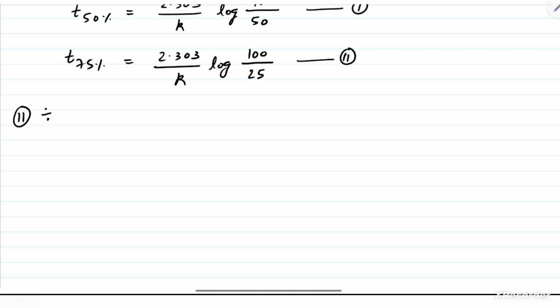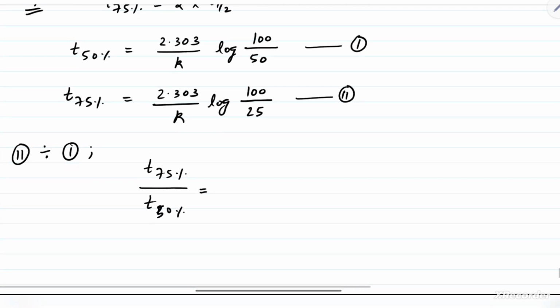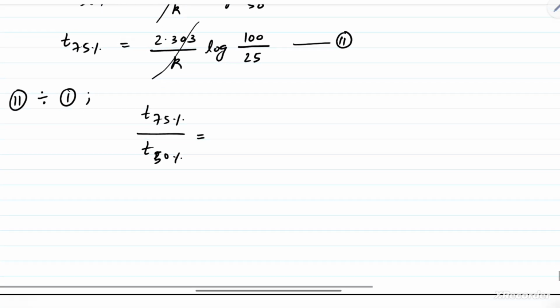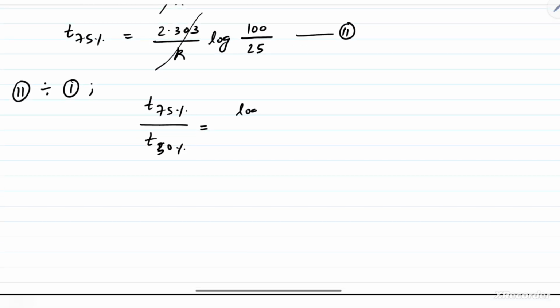Dividing 2 by 1, what we get is T 75% by T 50% equals, basically these two values will cancel out each other. This is log 2 and this is log 4. So this will be log 4 divided by log 2. Log 4 can be written as log 2 square, and log m to the power n is n log m.